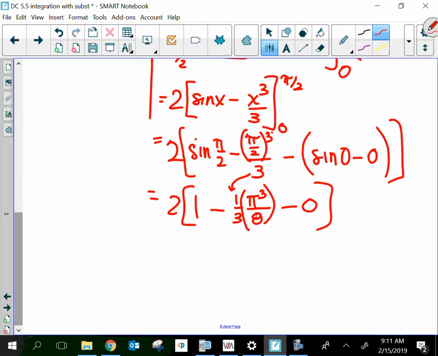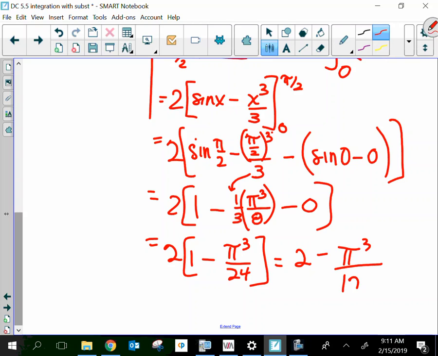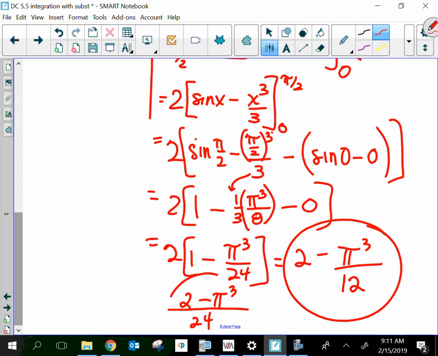We don't have a negative pi over 2 cubed, which is going to cancel itself out anyway, so it's all good. Okay. All right, so 1 minus pi cubed over 24. 2 minus pi cubed over 12. Or 2 minus pi cubed all over 24. Either one. Good.